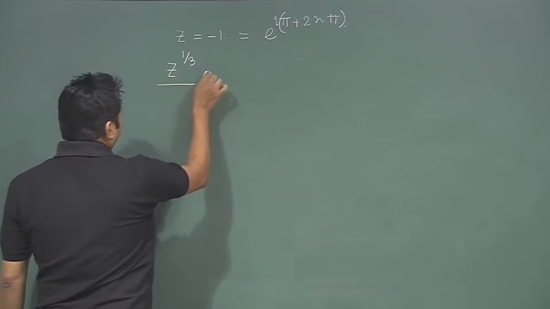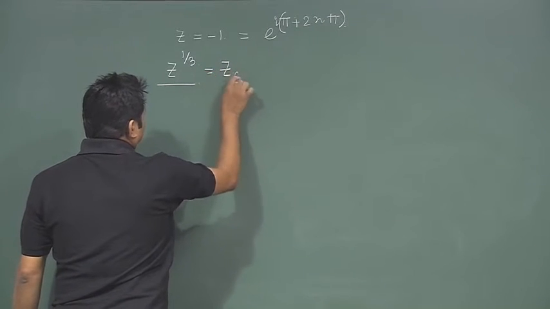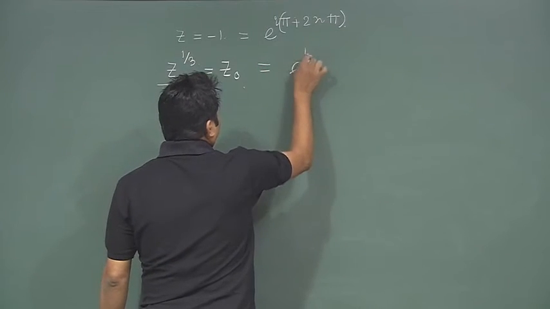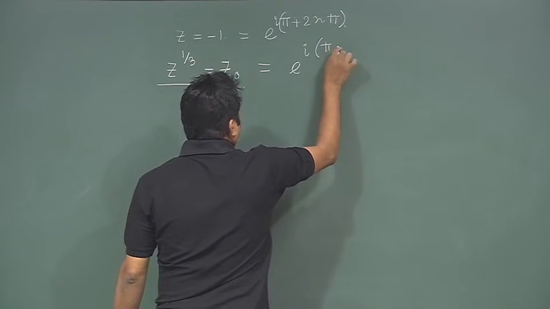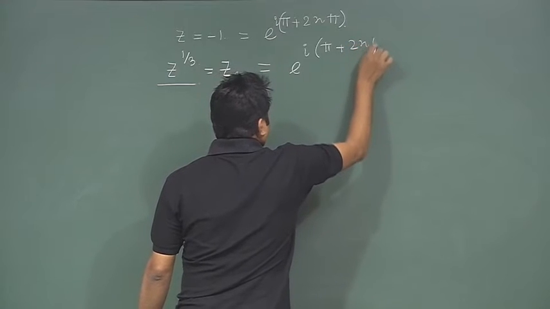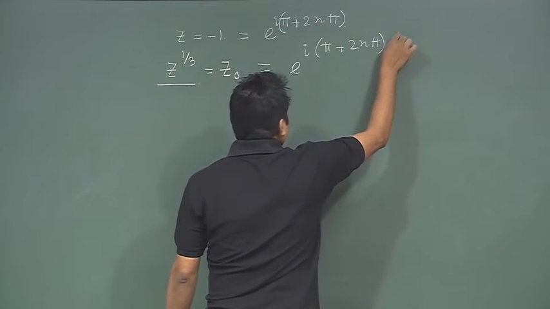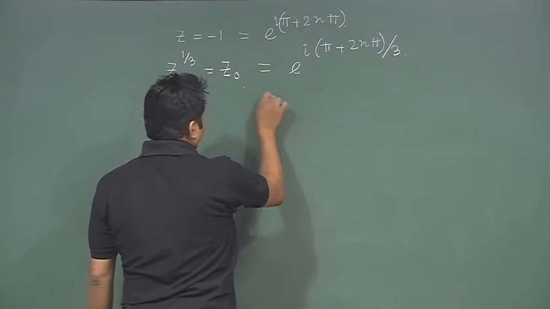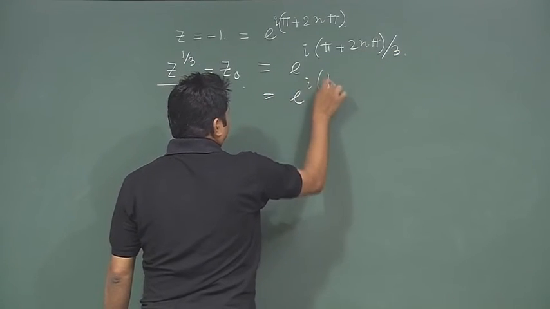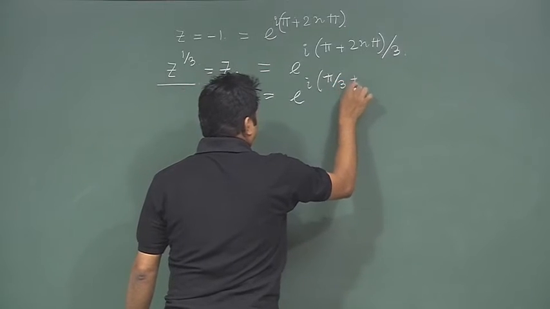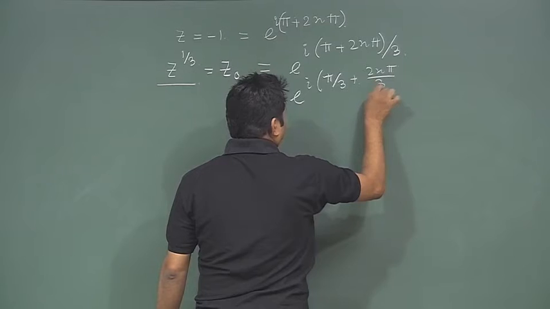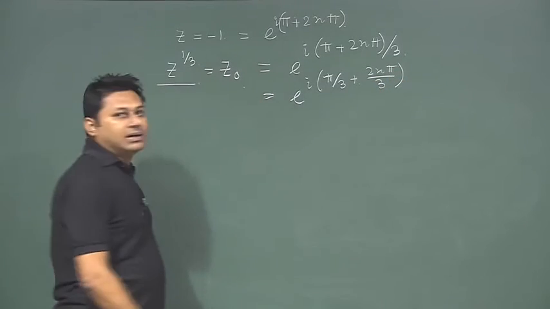So, z to the power 1 by 3, it is z0, e to the power of I pi plus 2n pi divided by 3, or e to the power I pi by 3 plus 2n pi divided by 3. This is the quantity I have.